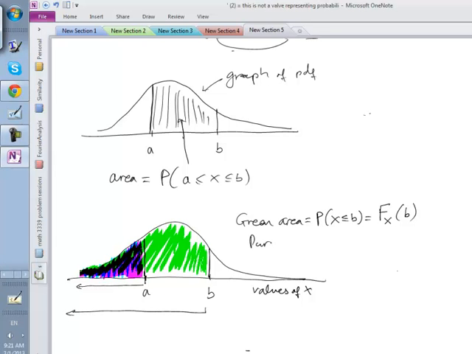So the purple area is equal now to the probability that X is less than or equal to a, and this is the value of the distribution function at a.